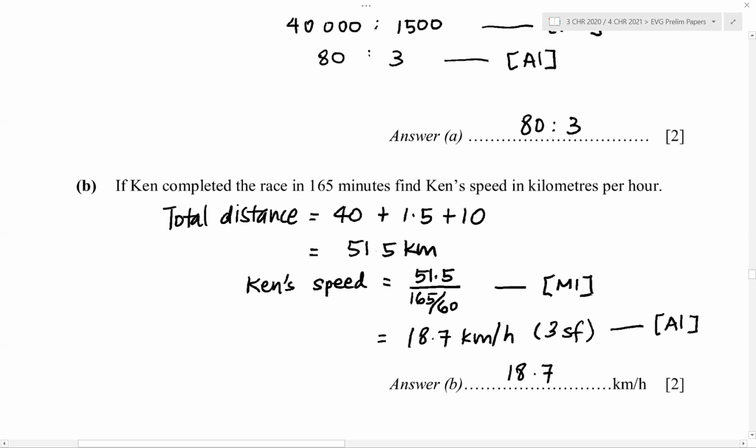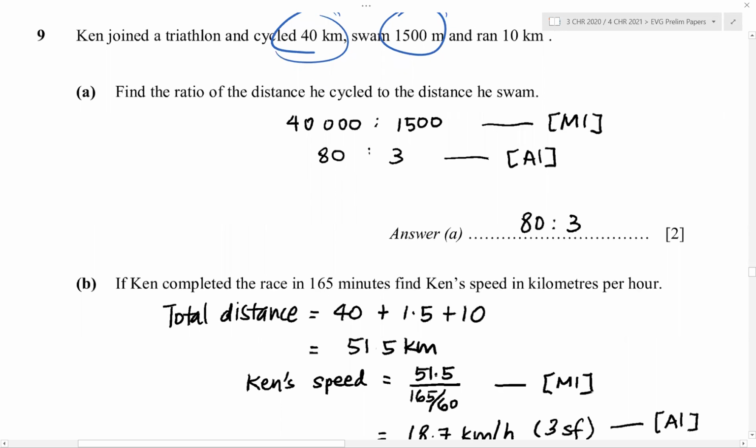For 40 over 1.5, you're talking about part A or part B? 40 over 40 to what?